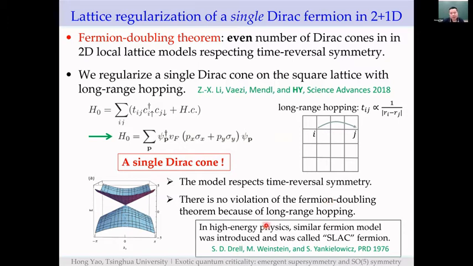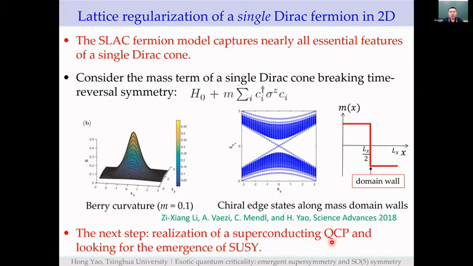Actually, later we realized that a similar fermion model was introduced in high energy physics, and this is called SLAC fermion because it was introduced by a physicist working at SLAC at that time. The SLAC fermion model can capture essentially all the features of a single Dirac cone.